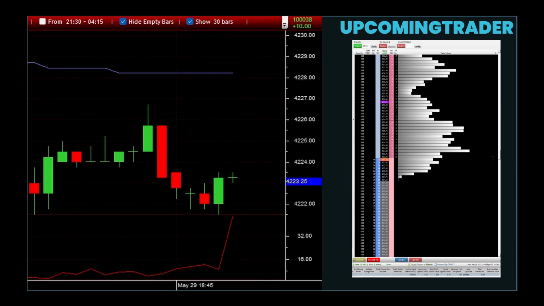Additionally, chart patterns can form within the TPO distribution itself, giving more insights into market dynamics. A pattern known as the double distribution occurs when there are two distinct areas of value separated by a sharp move. This kind of pattern often suggests a shift in market sentiment, and traders can use it to predict potential continuation or reversal points.